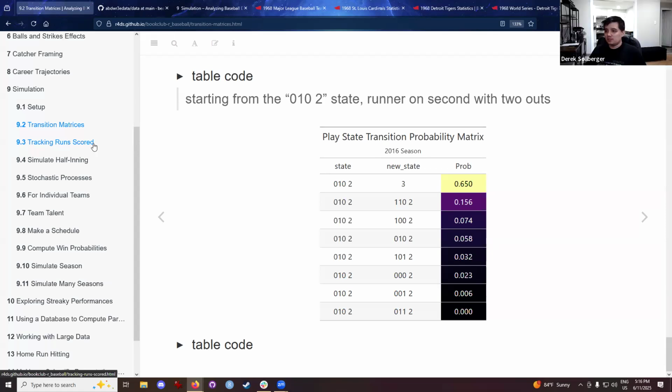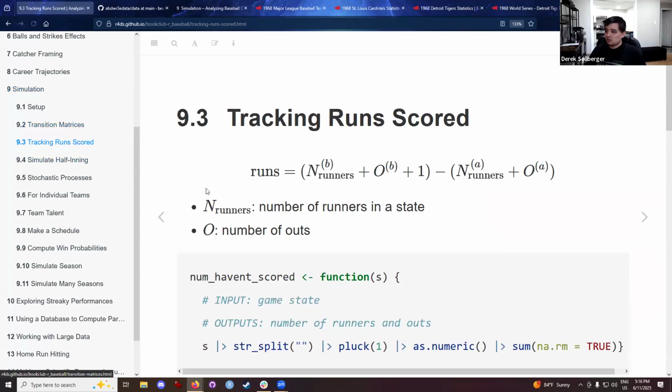All right, so we'll dive in deeper into the mathematics now. In addition to those transition probabilities going from one state to another, maybe you want to also keep track of how many runs scored. And we will eventually go back to talking about the expected runs.